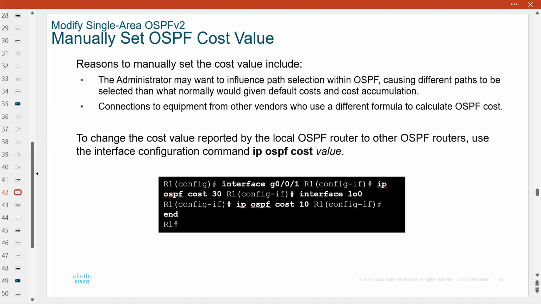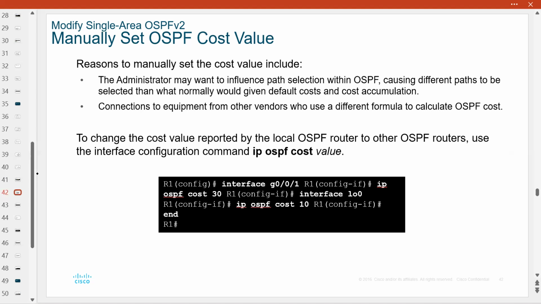Number one, obviously to manipulate path selection, because if you manipulate the cost, you manipulate path selection. Number two, the way we are calculating our cost is for the Cisco vendor. We are doing CCNA, which is for Cisco. But other vendors might calculate their values differently.